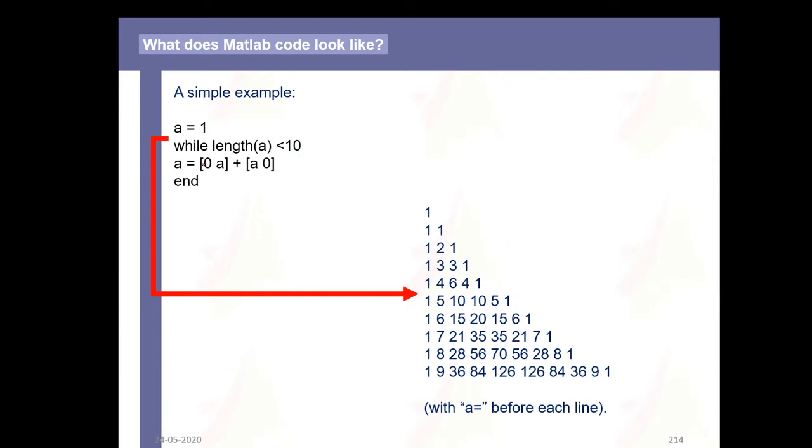So a equals 0 comma 1 plus 1 comma 0, that is 1 1 is stored in a. Now the length of a becomes 2, still the condition is satisfied. Then we are adding, and the results are shown. Since I am not putting the semicolon, the results are displayed in the command prompt.